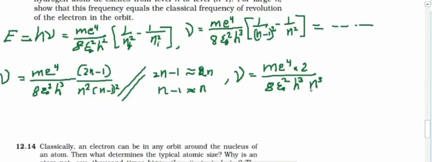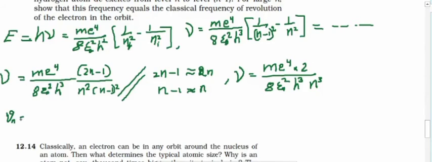Now take the equation for the speed of the electron in the nth orbit. We are going to apply the Bohr atom model now.